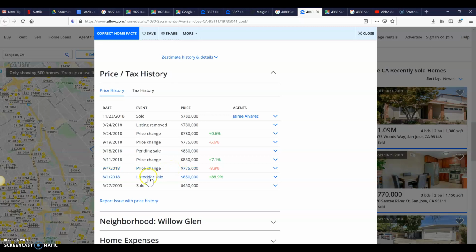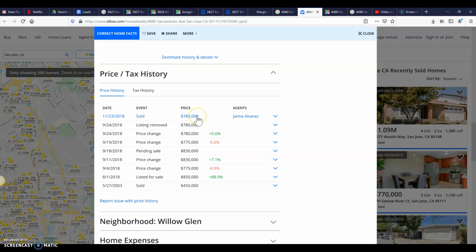One thing, the reason why we want to look for this is because when homes get listed for sale, there's so many things that can happen until we go into contract. So pending sale means someone made an offer. When it's a pending sale, we don't know exactly how much that offer was until it was sold. Now, obviously, we know what that offer was.